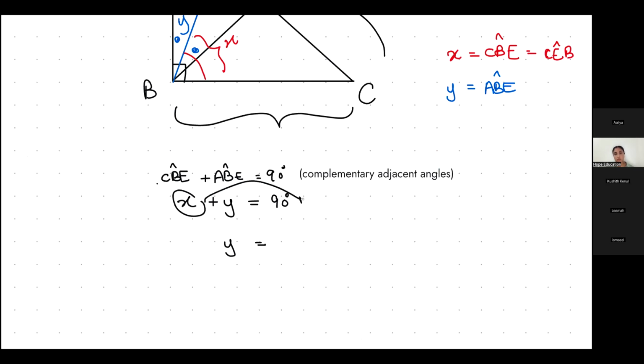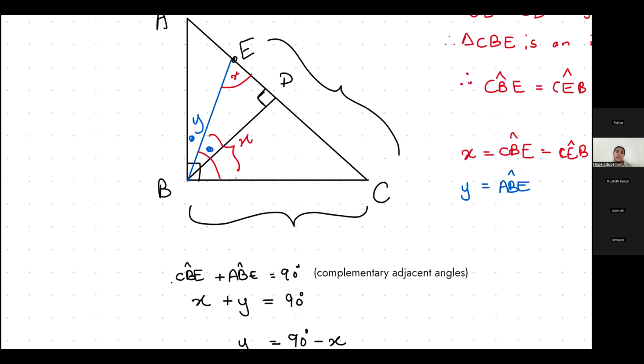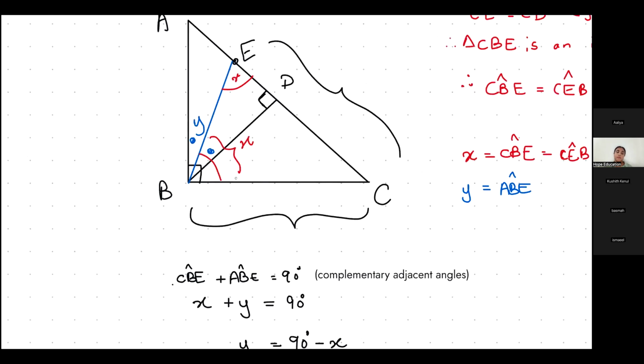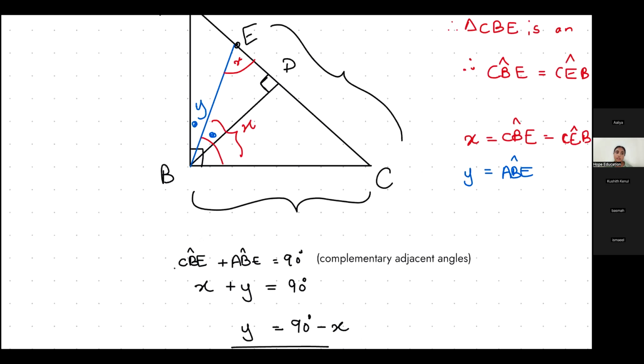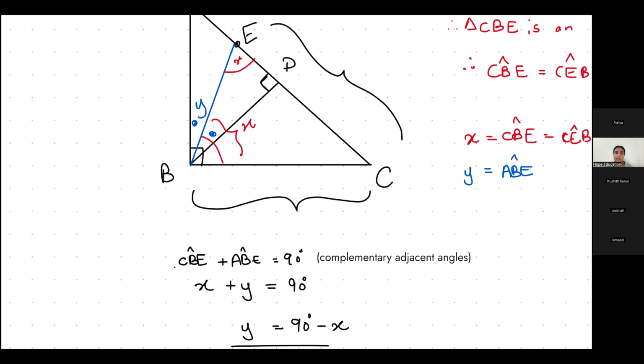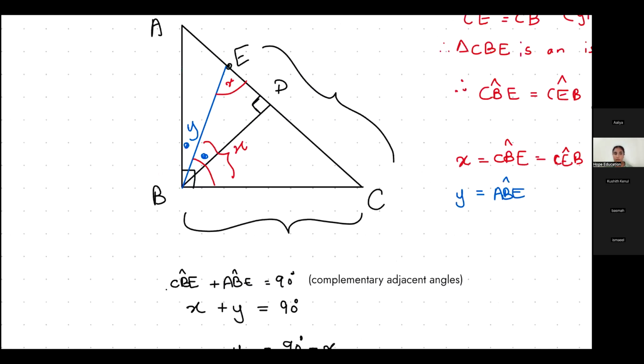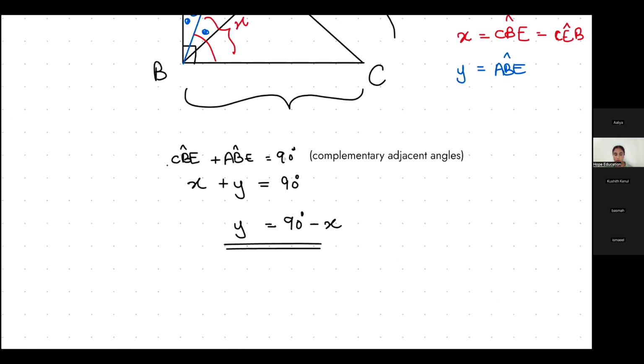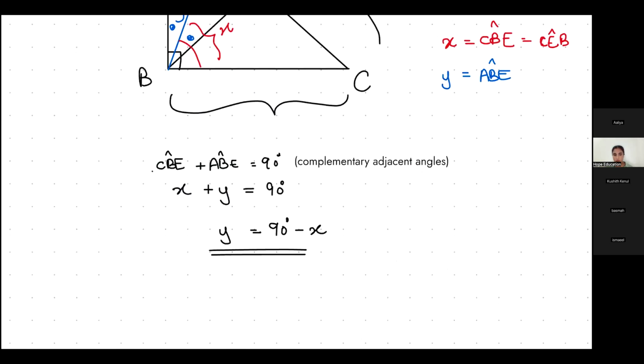So y I can write as 90 minus x. Okay, then let's look at this particular ABE. Y is 90 minus x. Therefore, ABE is 90 minus x.